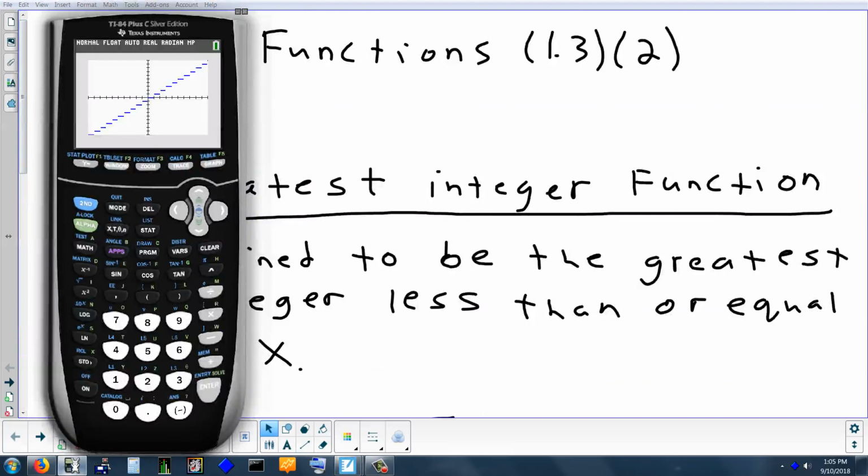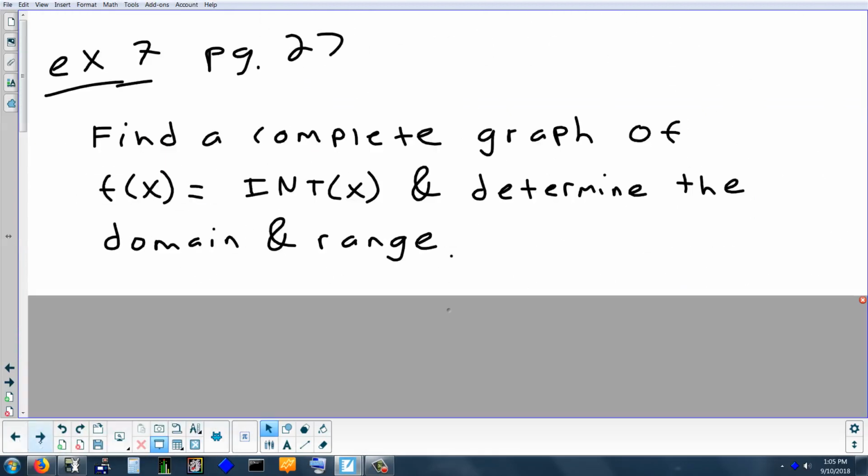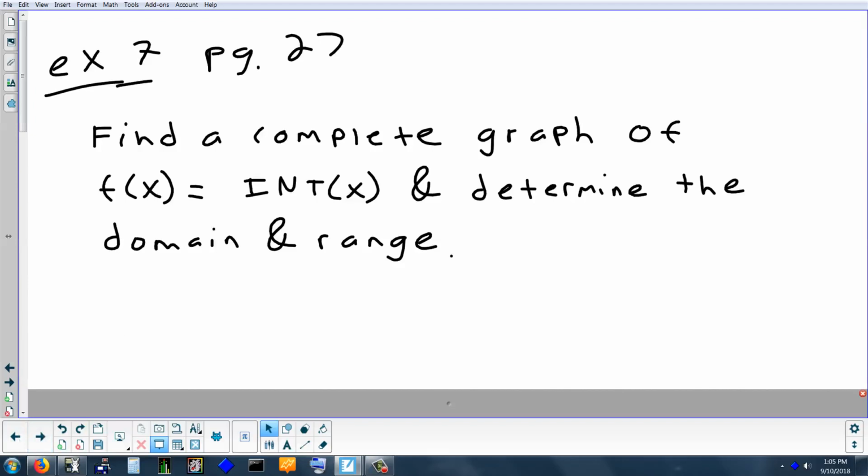Now, they want to know the domain and the range. So domain is what you can plug in. What kind of numbers can you plug into the greatest integer function? I don't want to know the answer that I get. I just want to know what kind of numbers I can find the greatest integer for.